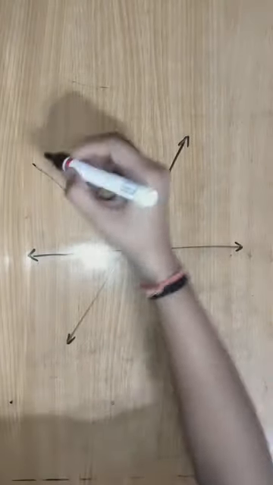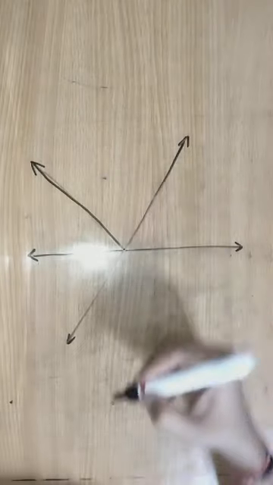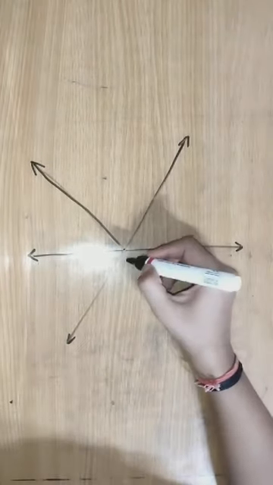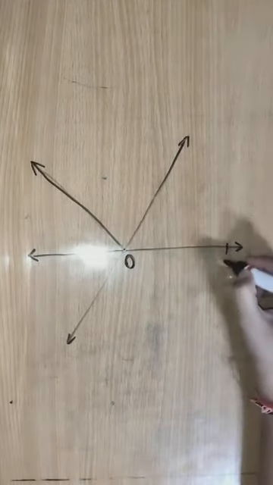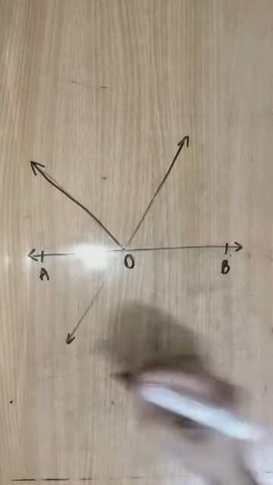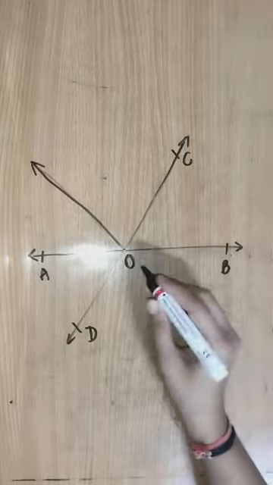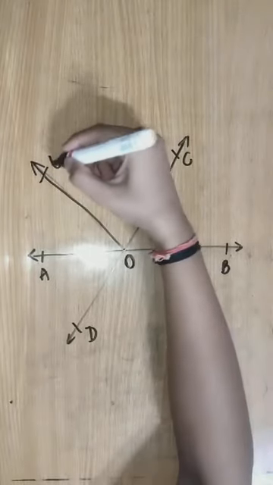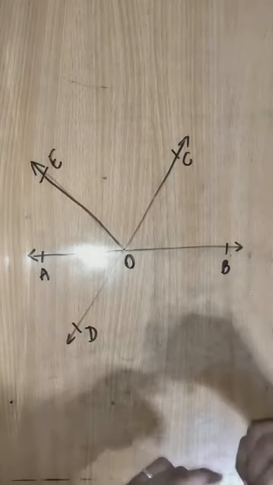And here is a third line. This is a straight line. This is the intersection point O. This is line AB, this is line CD, and this point over here is E, meaning this line is OE.